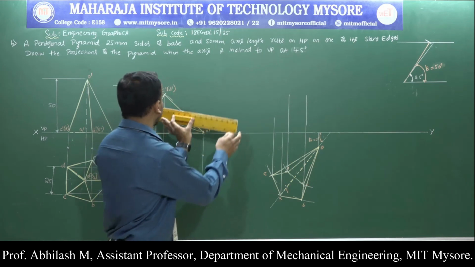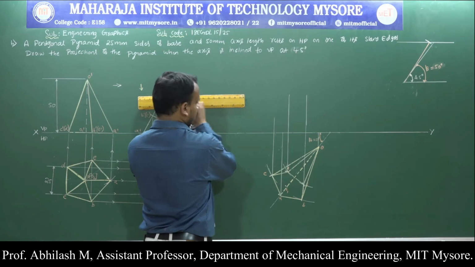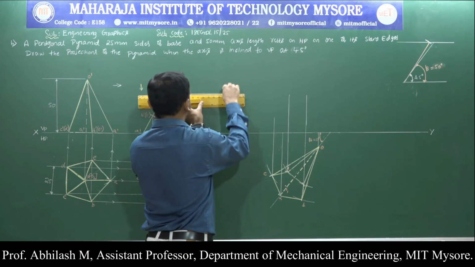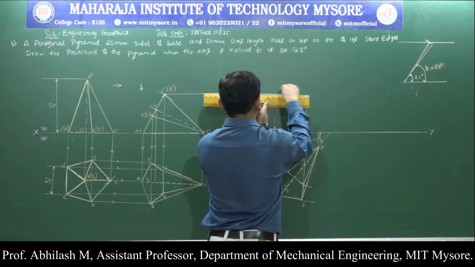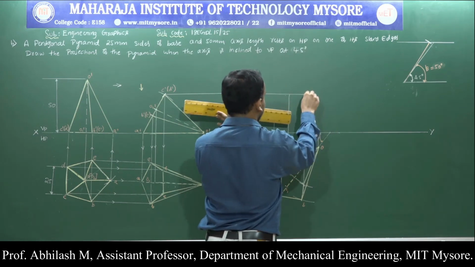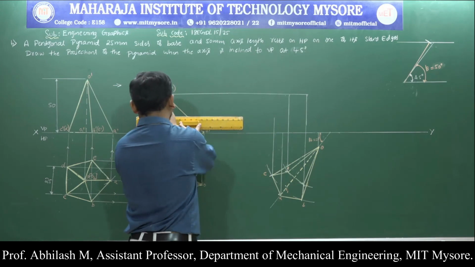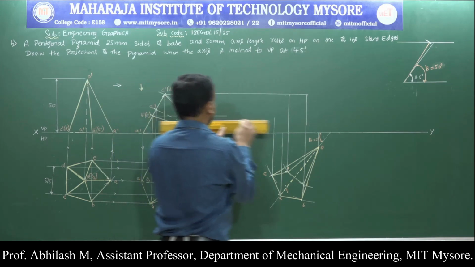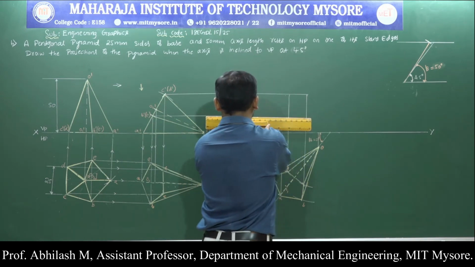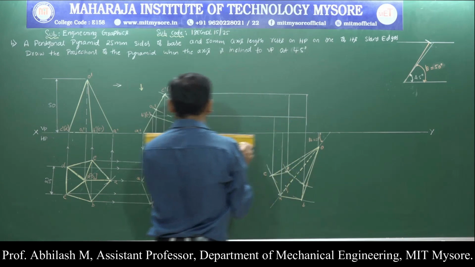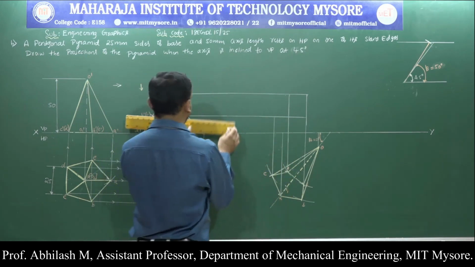Now let us draw the projection lines from the C dash, D dash. Similarly from B dash, of E dash. Similarly from A dash, it's on the XY line, so you need not worry.